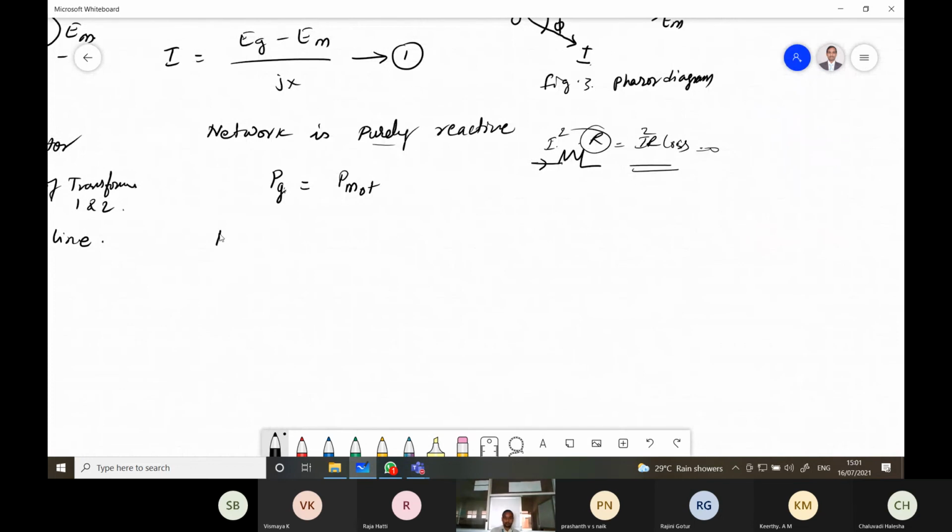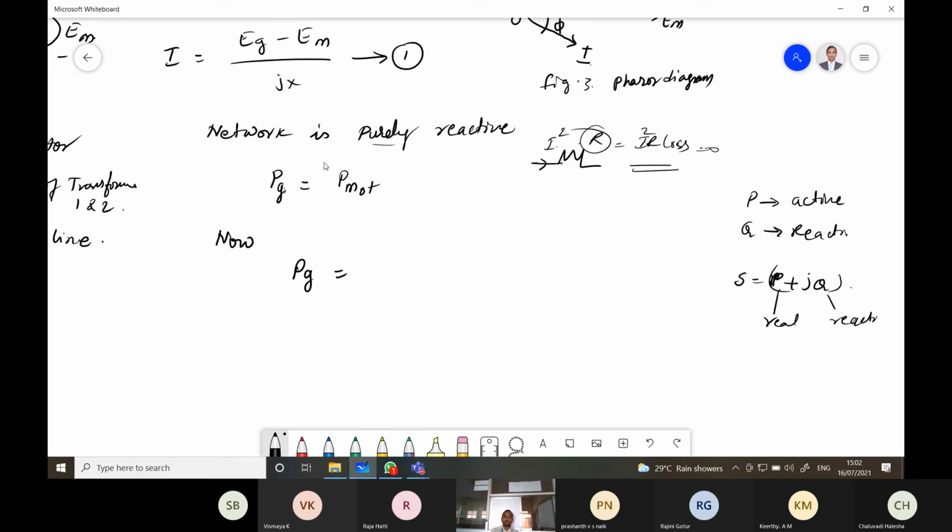So now, P is real power or active power, Q is called reactive power. Now we represent S is equal to P plus jQ, right? P is the real term and Q is the reactive component.